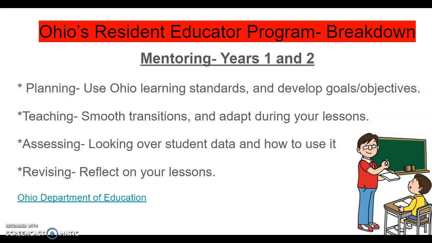In the teaching area, you need to have smooth transitions through your lessons and the ability to adapt during your lessons as well. Assessing, you'll be looking over student data and how to use it more effectively in your teaching. Revising, basically you'll be reflecting on your lessons during and after.